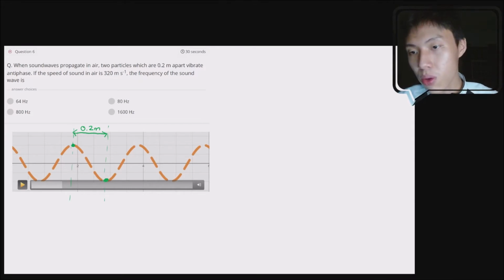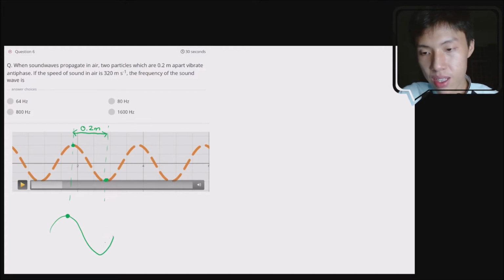If you just focus on the particle over here, this particle is at this phase, whereas this particle is at this phase. We know that this whole complete wave cycle has a phase difference of 2 pi.